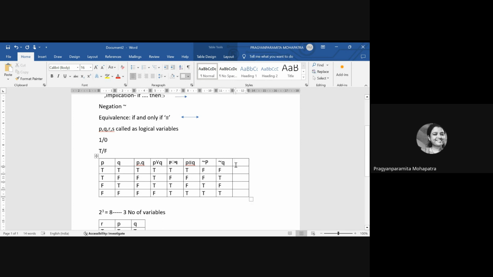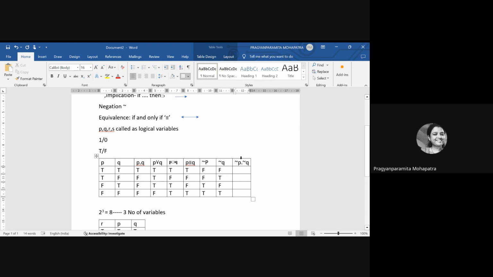Now tell me, what will be the conjunction of negation P and negation Q?